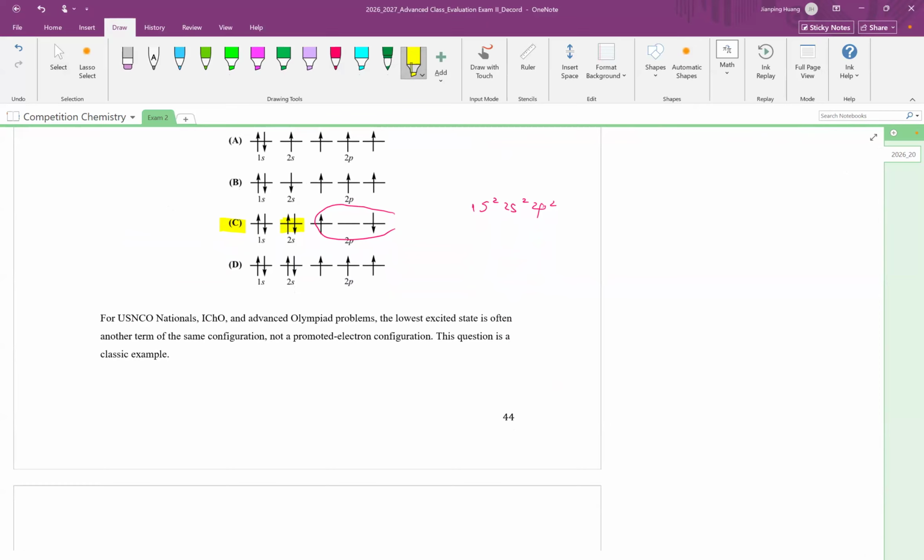It's the same configuration, not promoting an electron configuration. This is a classical example. Look at USNCO. If we really get the insight, it's always a classic. Okay, now next one.